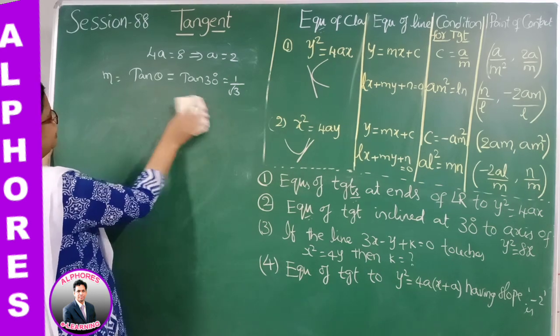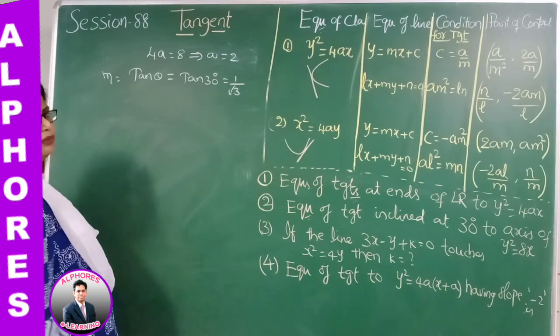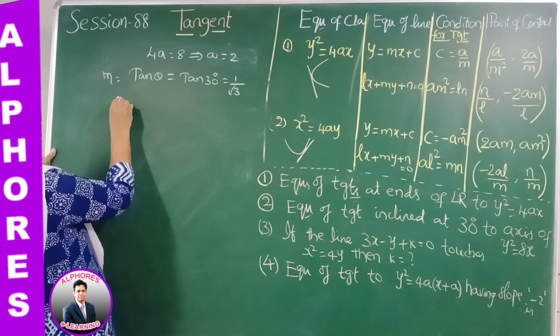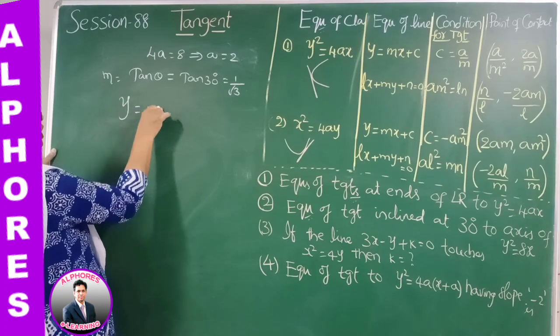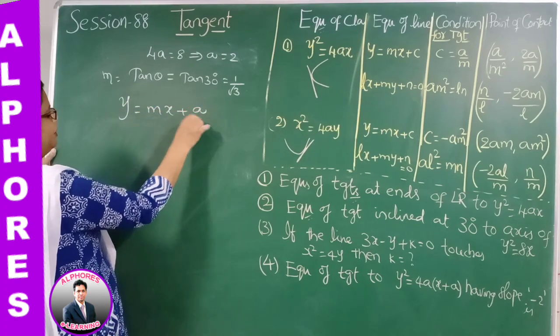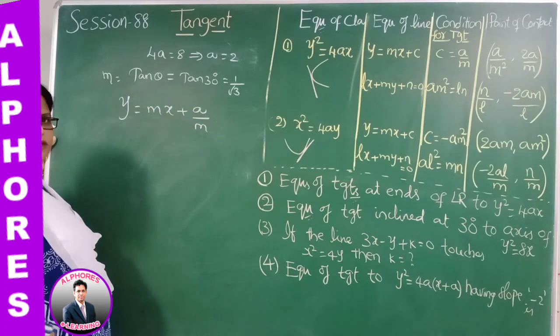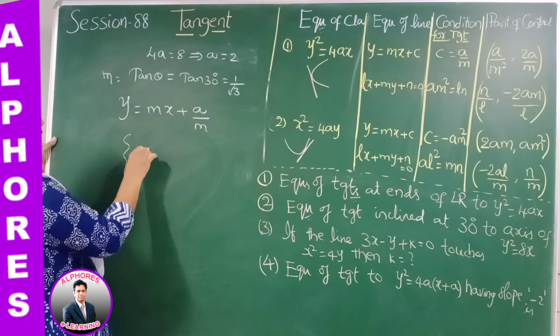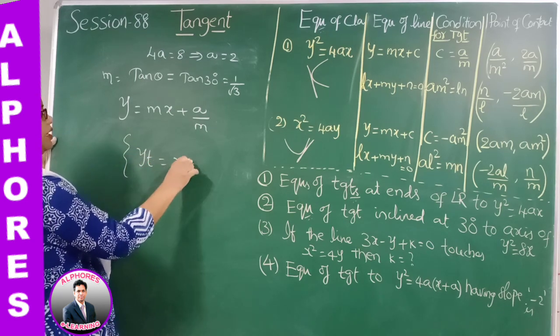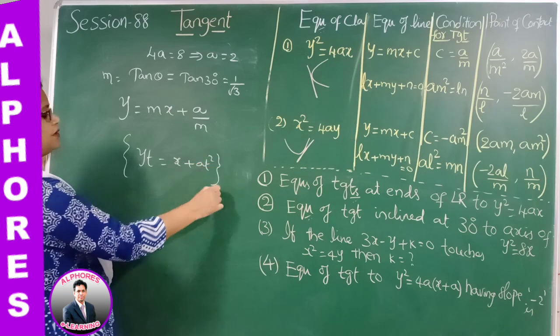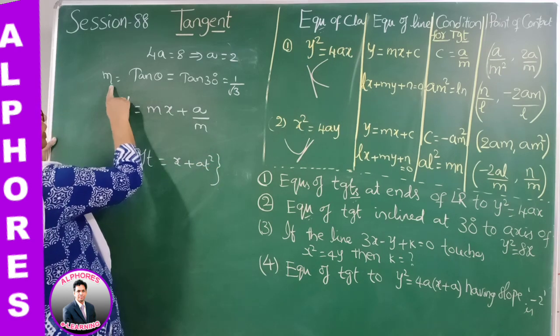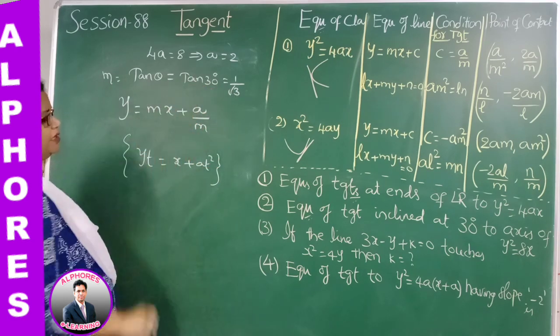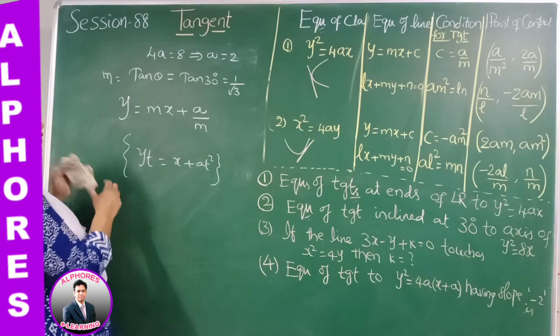So suppose I am taking m as 1 by root 3, one of the forms is y equals mx plus a by m. This one you can also take as the tangent, or you can take it as yt equals x plus at square, where m is 1 by t, so t is root 3. So anyway you can use that.